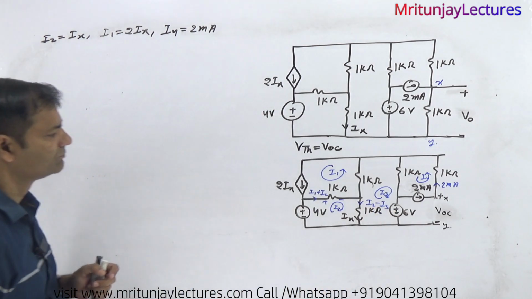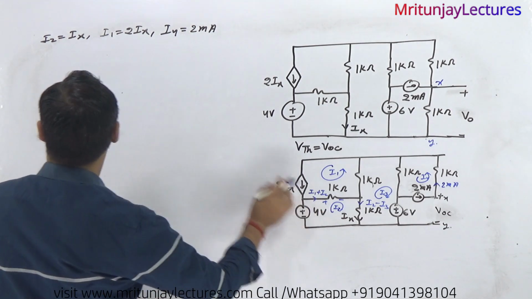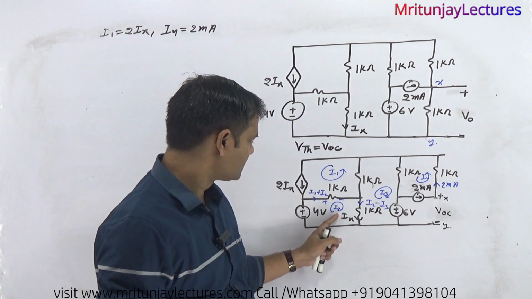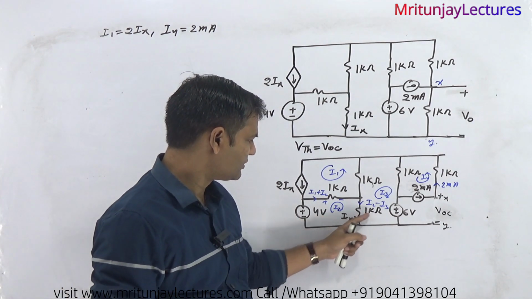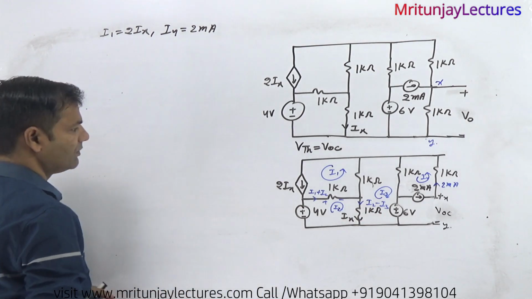Clear? I2 is not Ix, because a loop current is also available here, that's why. Clear? Now next one.